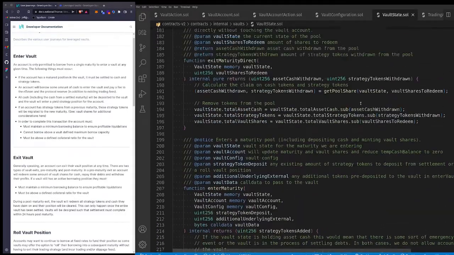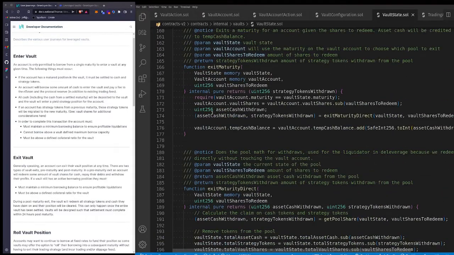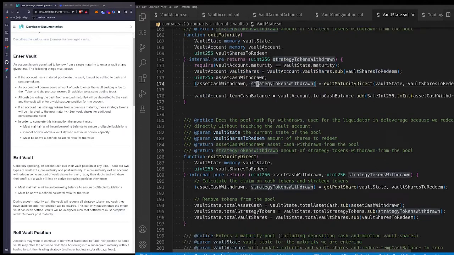Now, exit maturity is fairly straightforward. What it's going to do is subtract the vault shares that will be redeemed, and there will be some amount of cash and strategy tokens that are credited to the account.